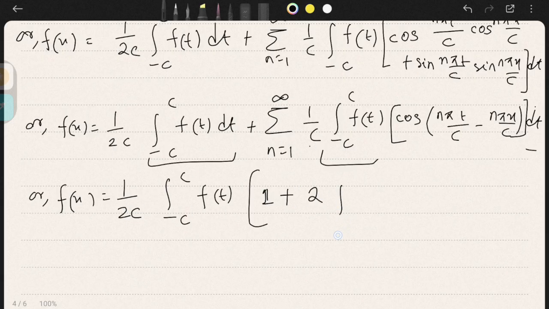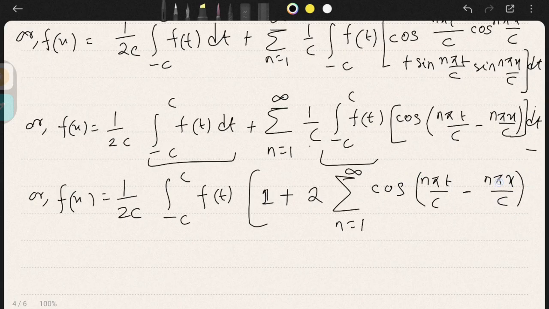So then minus, but this is gone only. The summation will be there, 1 to infinity, then cos of n pi by c times t minus n pi by c times x, and dt will be at the end.